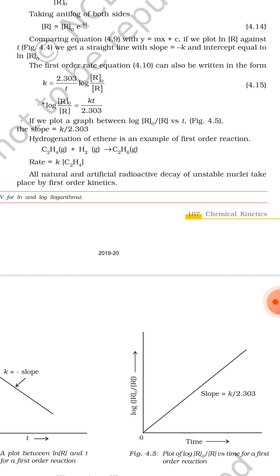All natural and artificial radioactive decay of unstable nuclei takes place by first order kinetics. So which kind of reactions are first order reactions?